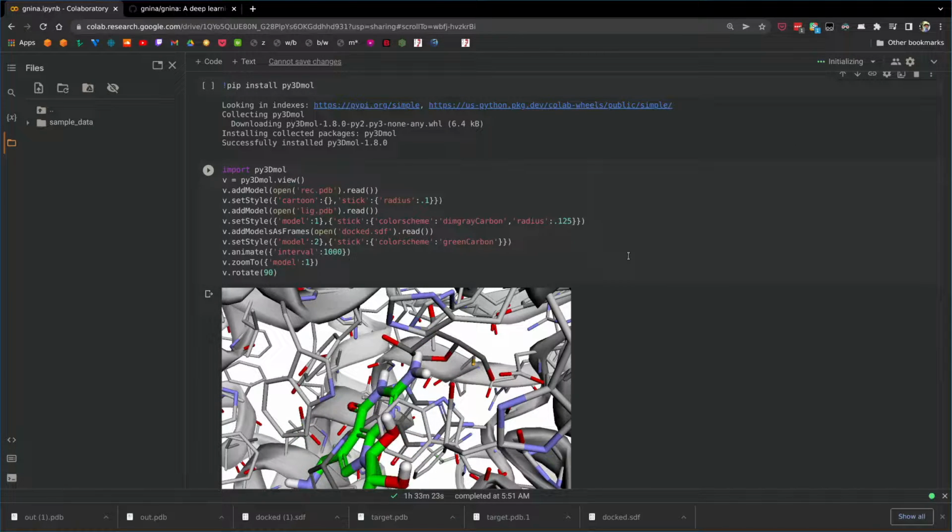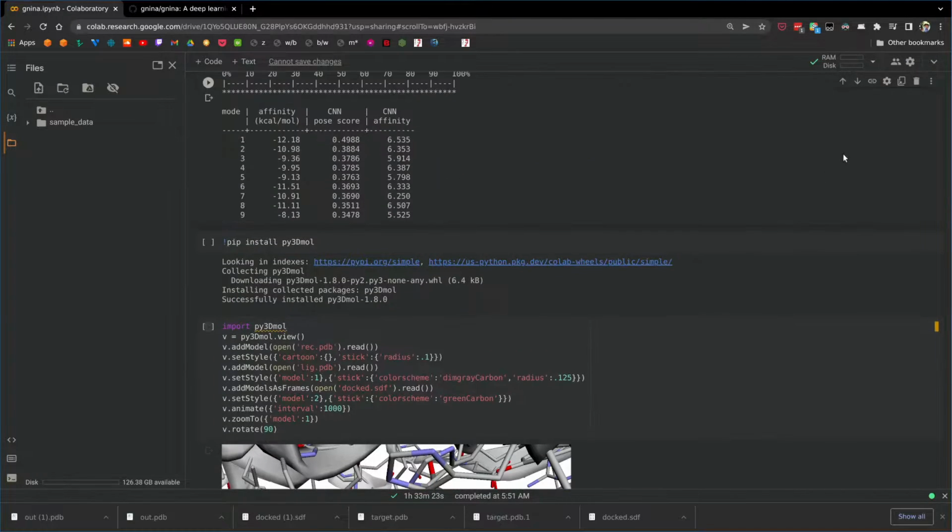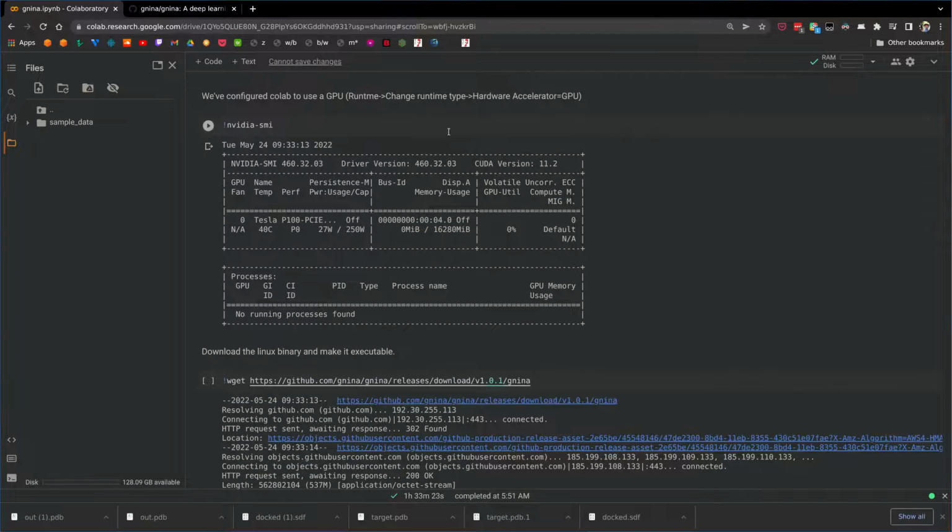Now we're just using this ColabFold notebook, very kindly provided by the Nina folks.